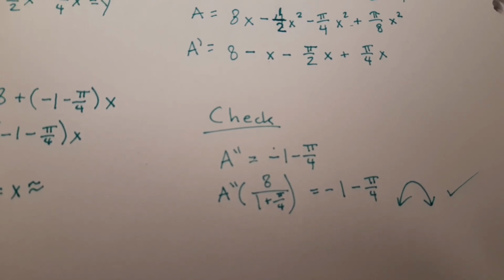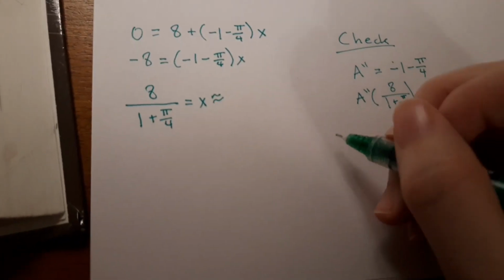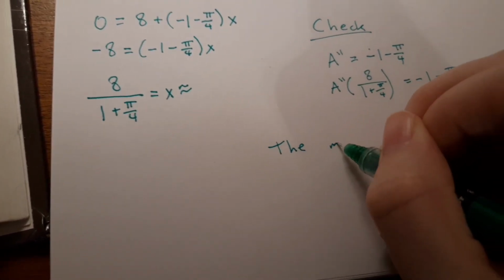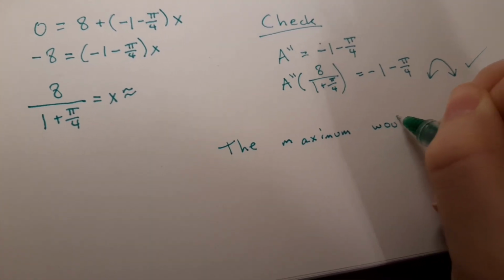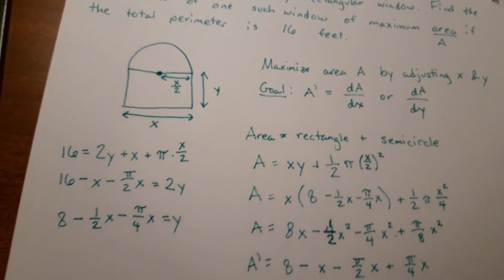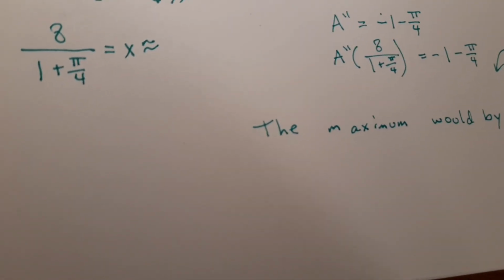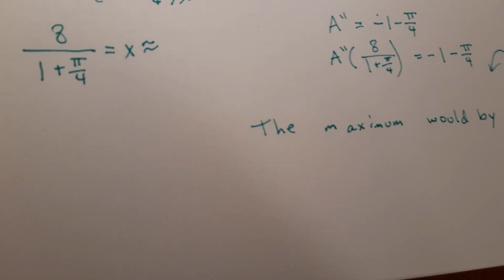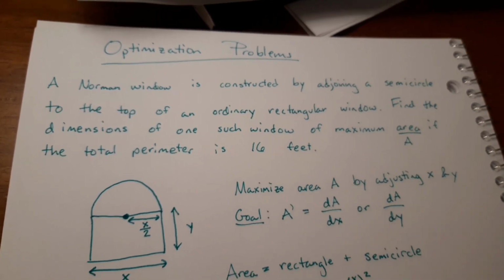So that's good. And so to find our maximum overall, we would just plug that into the original equation. But it's actually asking for the dimensions on this one, so we don't actually have to find the area based on what the question has asked. It's just asking for the dimensions. And so we got our x, and we need our y.